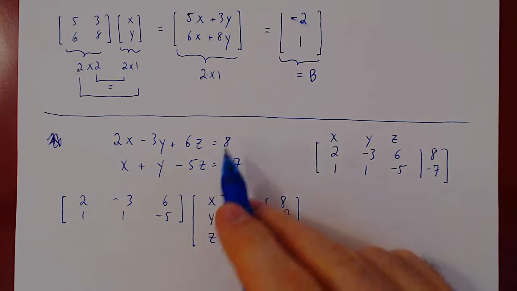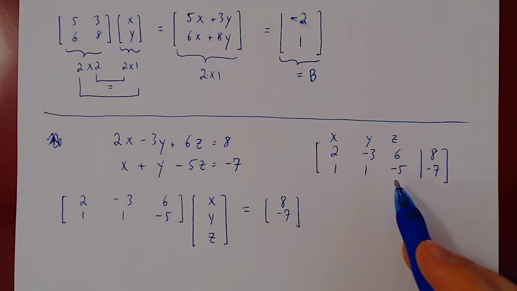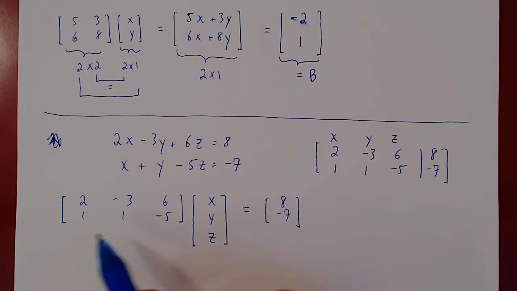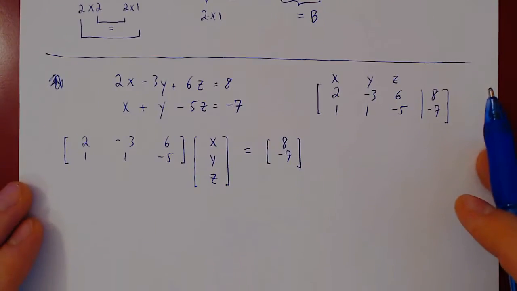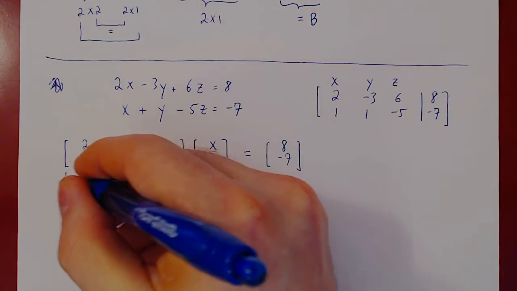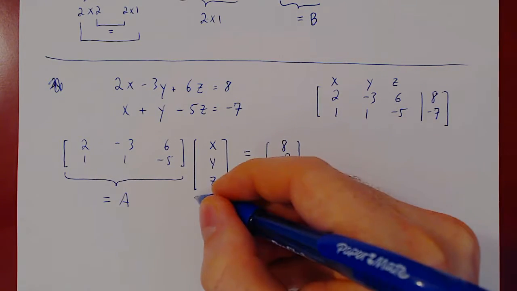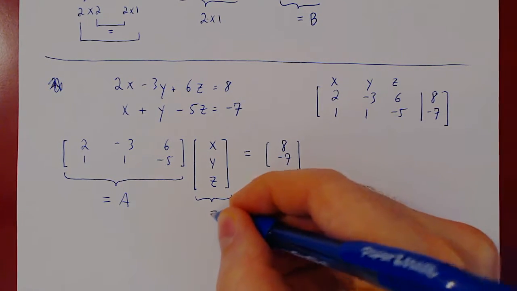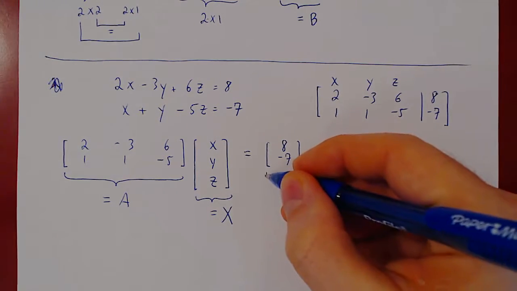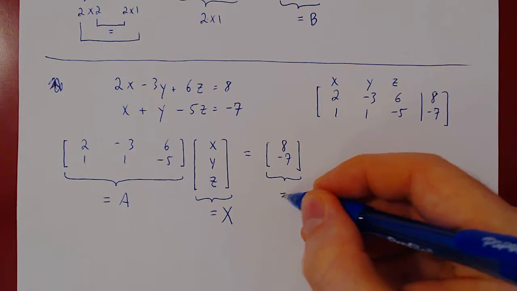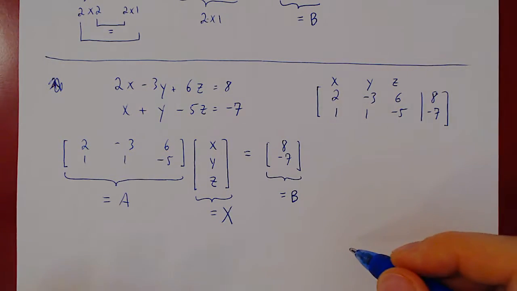So the linear system is equivalent to the augmented matrix, and it's also equivalent to this matrix equality. Once again, we call the first matrix A, the matrix of coefficients. The column vector of variables we call uppercase X, and the column vector of constants we call uppercase B.